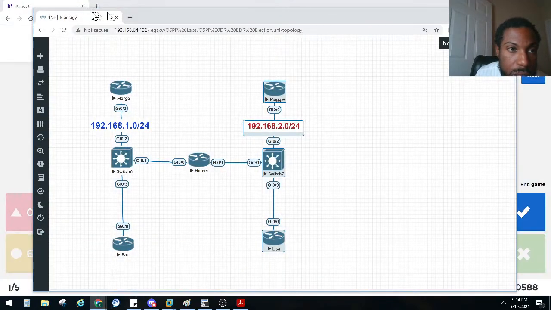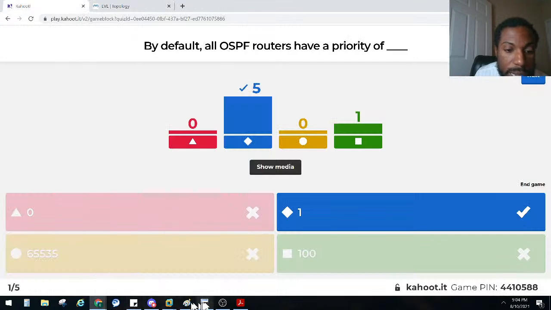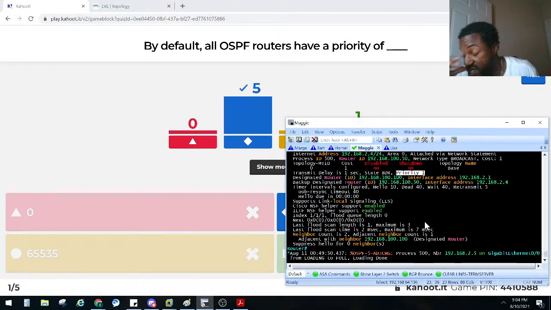I want to use the actual topology. Yeah, I guess we can do that. So we said we were changing the priorities in the lab, right? The priority is a number used to elect the DR and the BDR. By default, if you don't touch it, the priority is 1.